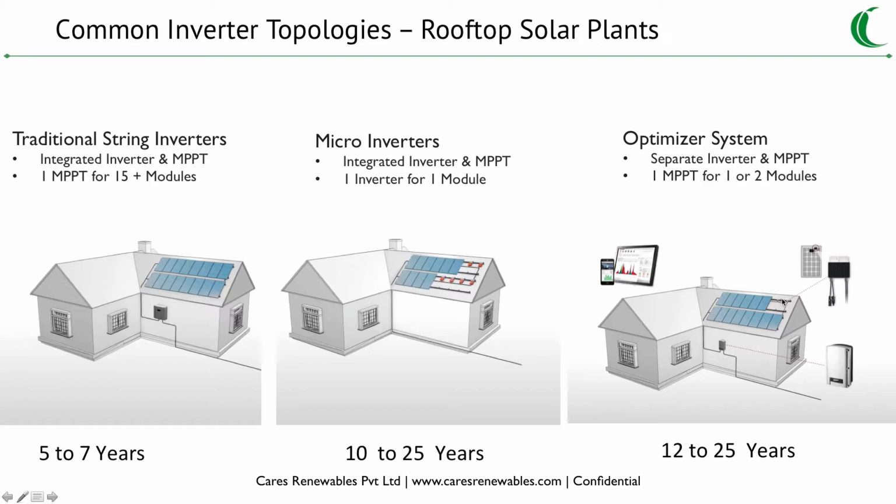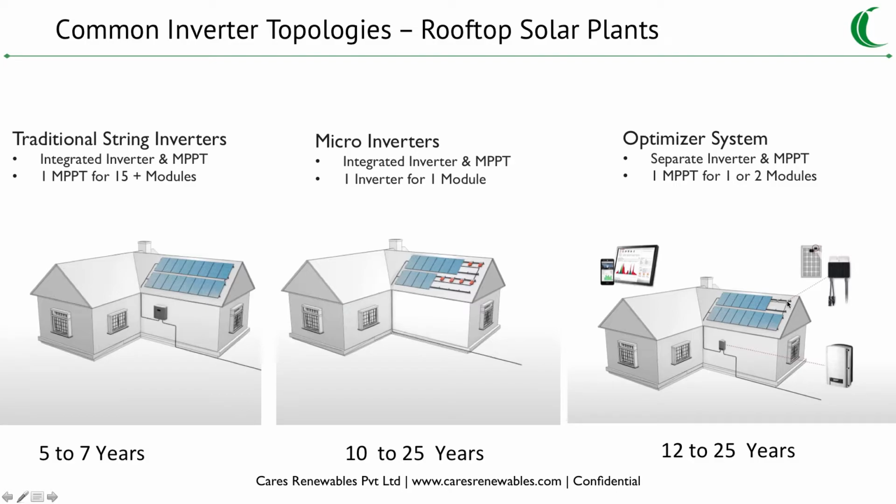These optimizers are connected to solar modules, and then these optimizers are wired in as a DC circuit. So in this system, the DC power extraction unit is separated and is kept on the roof. You have a unit for DC power extraction and another unit for inversion of power.